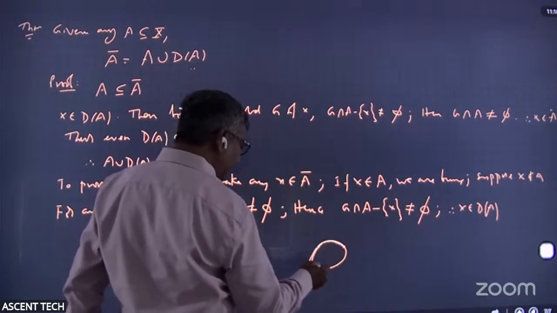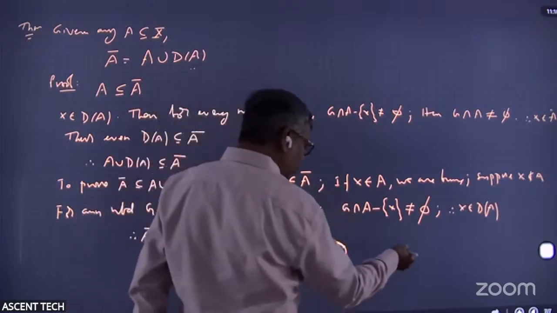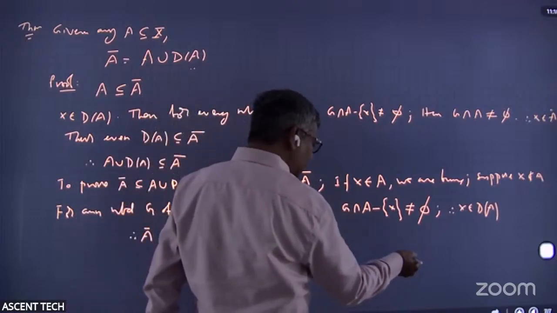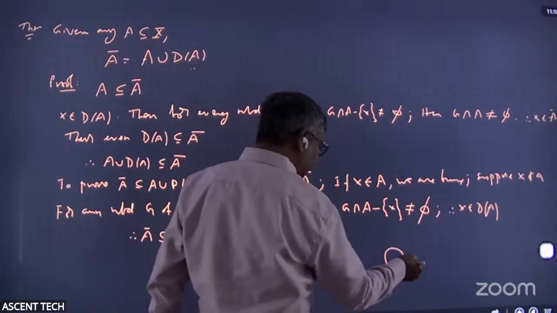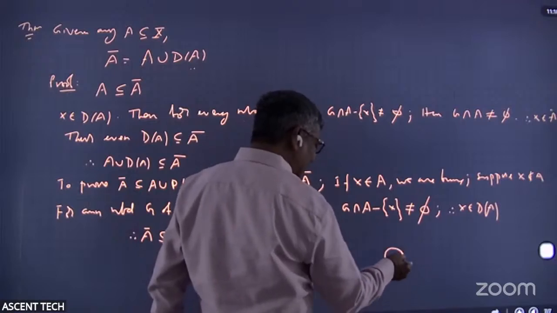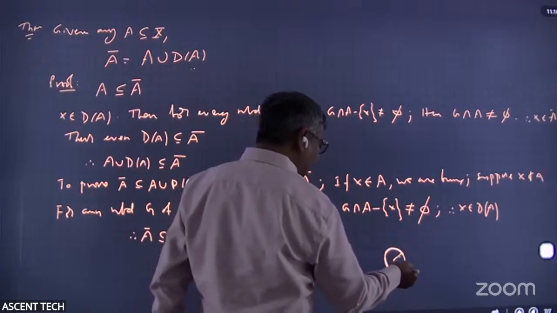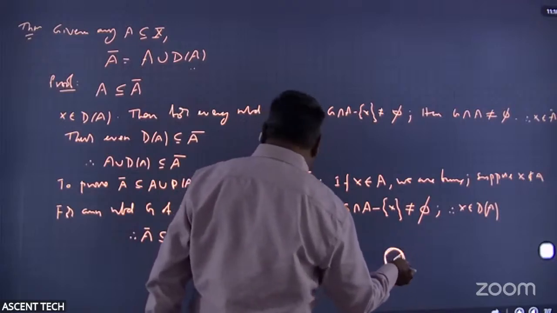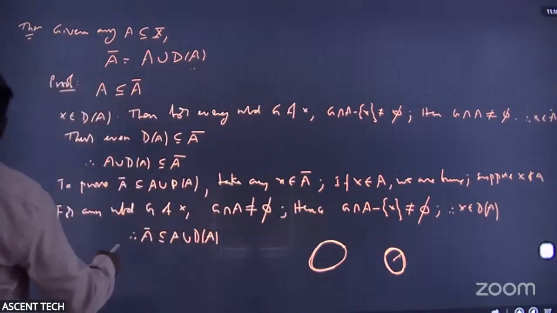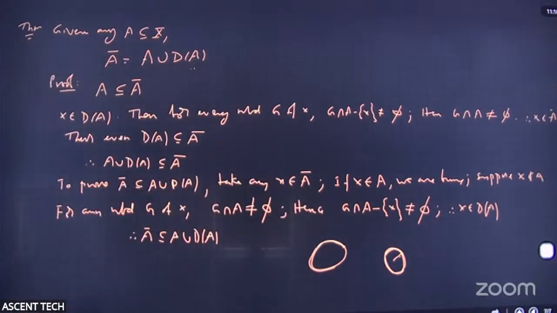Even though I have not taught you enough topology, in the complex plane, if you take an open disk, including the boundary will be the closure. That's what this A union dA will be. This completes the proof.